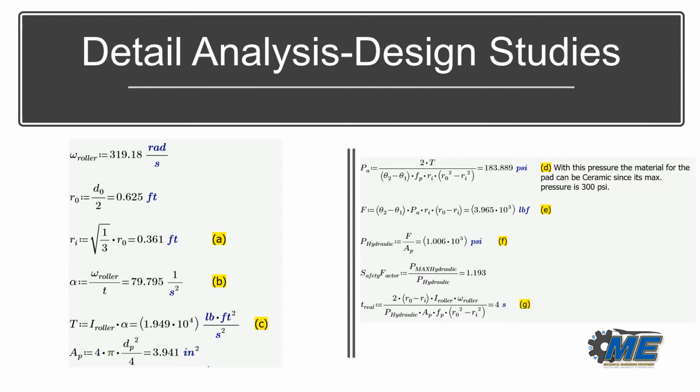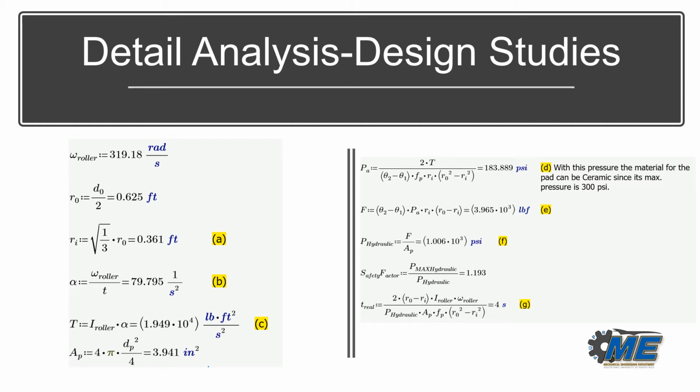Then you have the pressure that is actuated on the pads, as you can see in part D. And when compared with 300 psi, that means the ceramic brake pad can withstand the pressure that will be applied.